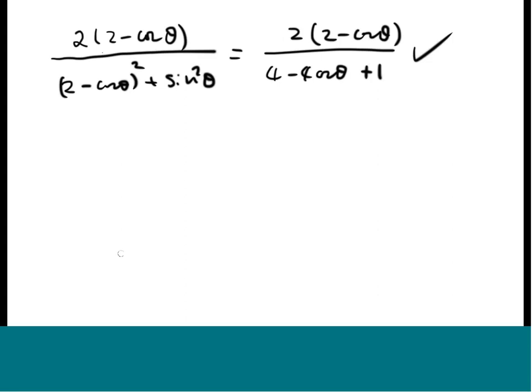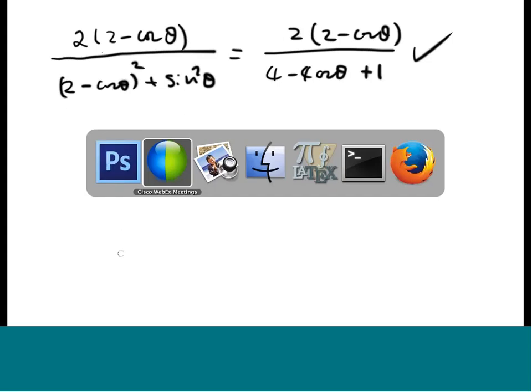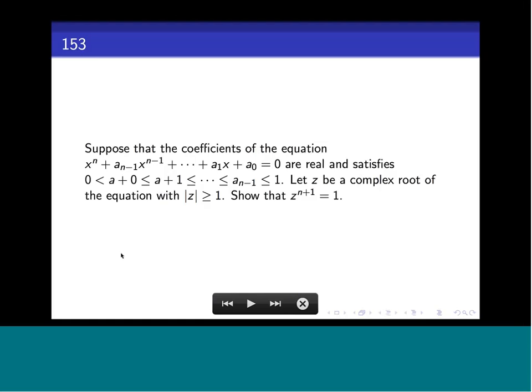Okay, the next question, we already did it last time. Should we still go with it? What was the question exactly? Let's see the question. Suppose the coefficient of that equation is going to be like that. Oh, I'm sorry, it's a misspelling.